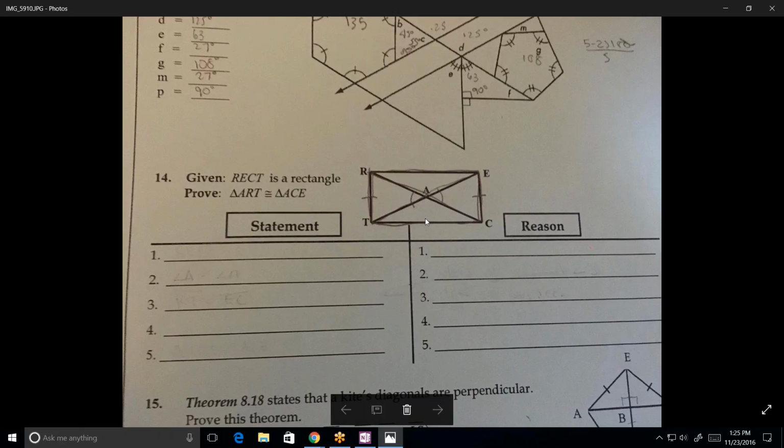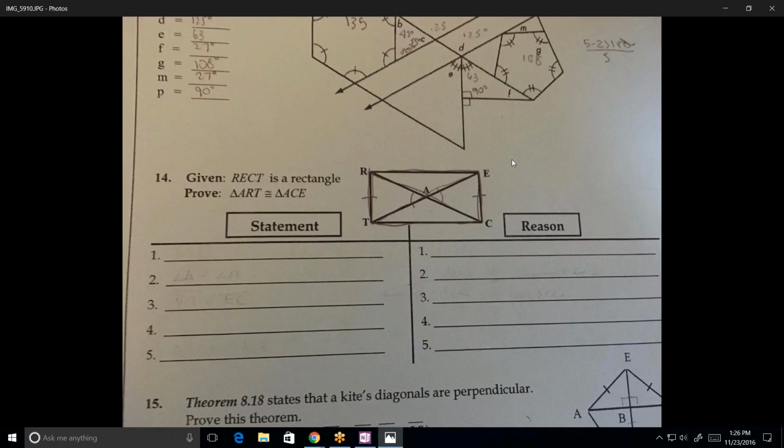So is that a true statement? In other words, is side TA equal to side AE? Maybe if A is the midpoint. Is there a theorem that says anything about the diagonals of a rectangle? Yes. They bisect one another, by a theorem.